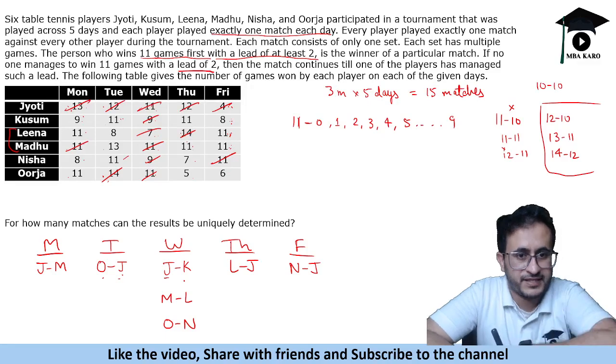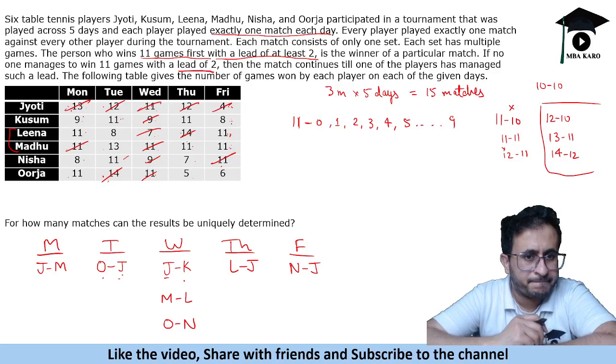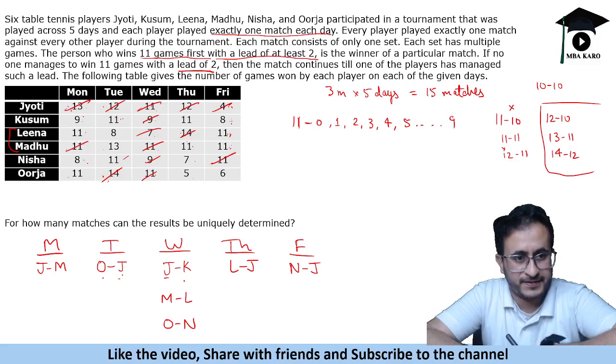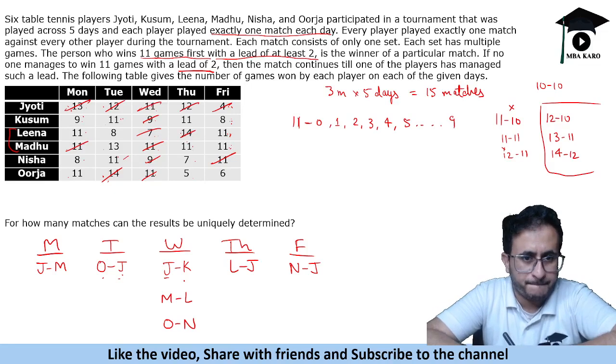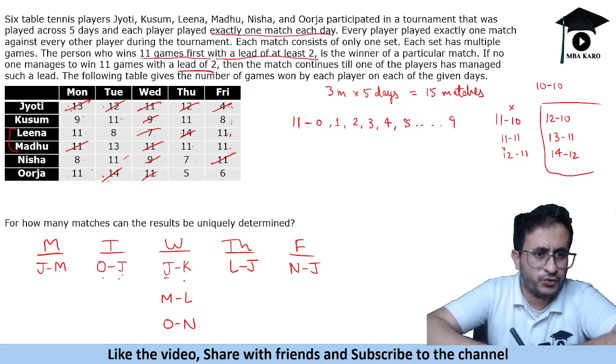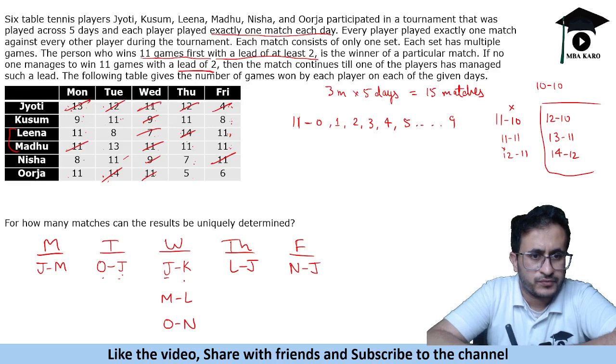This is 11 versus 8 or 11 versus 6. Or let's find out. Nisha Urja is done, and Madhu and Nisha. So we'll have to figure out which two pairs we can make. So Kusum Urja, can we make? Two possibilities. Okay, 11-5 is also possible. 9-11 is also possible. Leena and Urja.